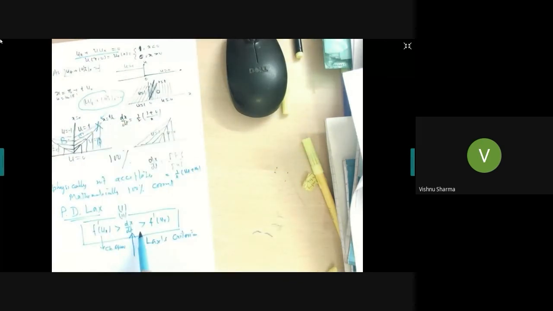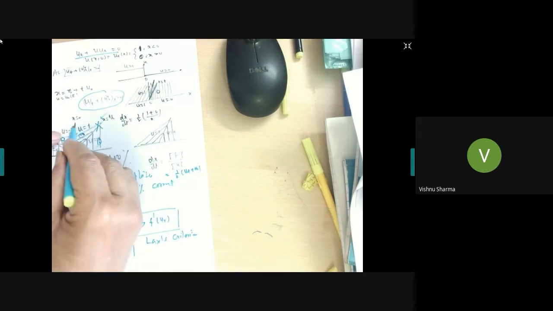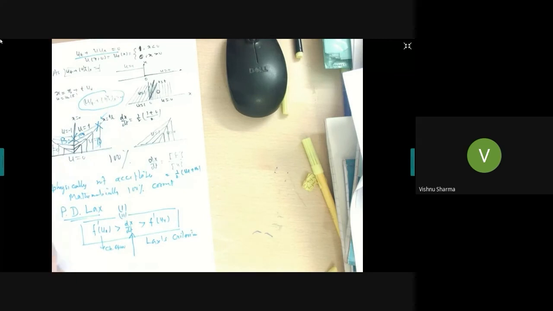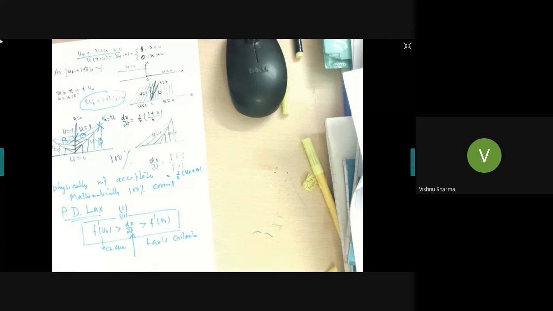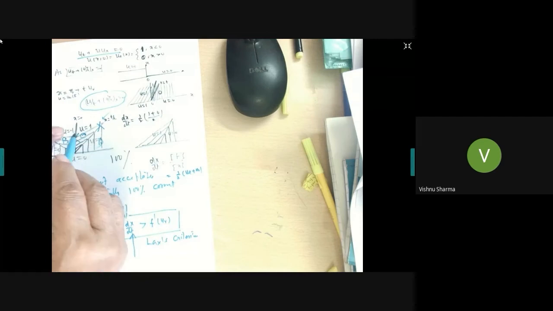Here also, the characteristic speed on the left is 0 and on the right is -1. These two violate the condition, and therefore this is not a physically acceptable solution.